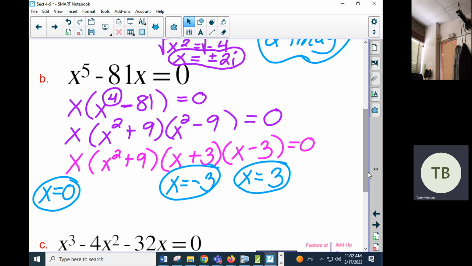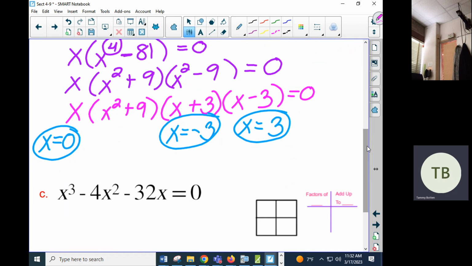With the other one here, what I have to do is set that equal to 0. So I'm going to take X squared plus 9 equal to 0. I'm going to bring the 9 to the other side, and it's going to become -9.